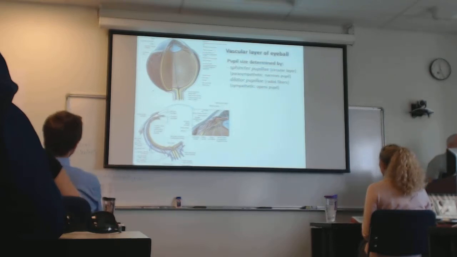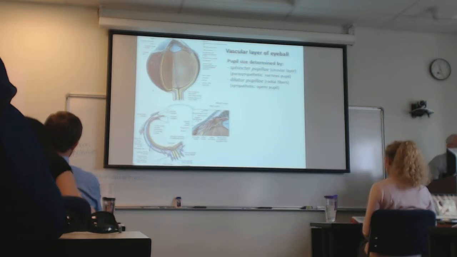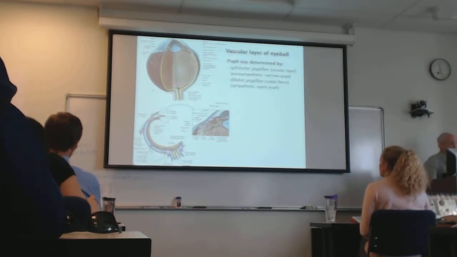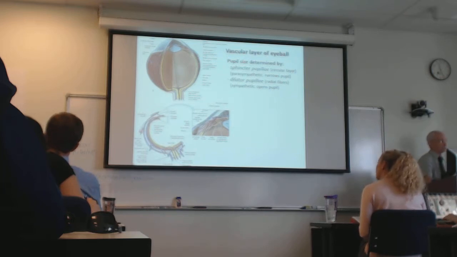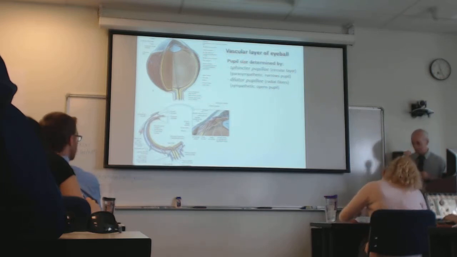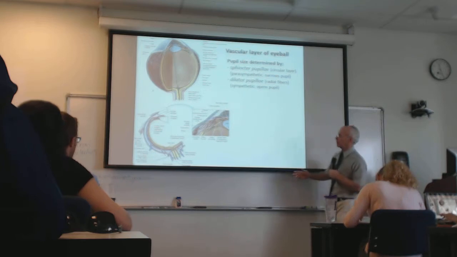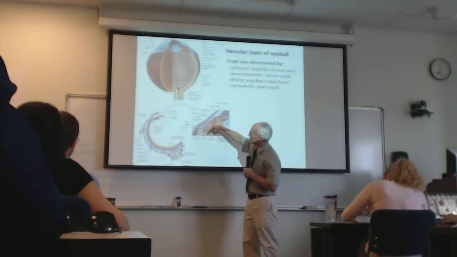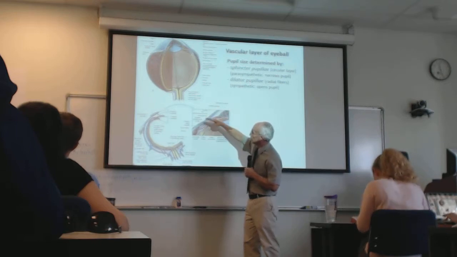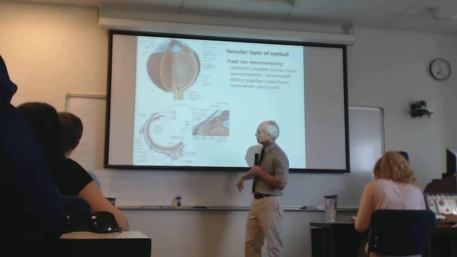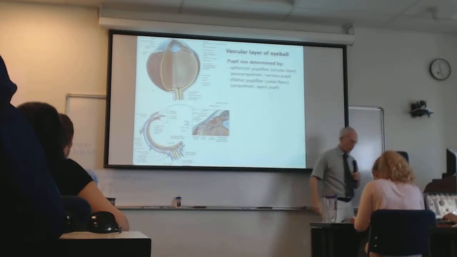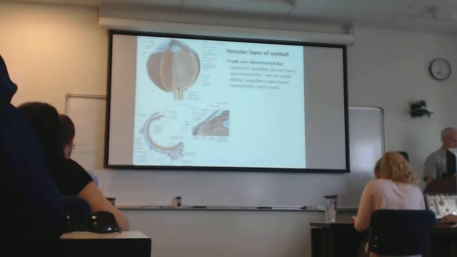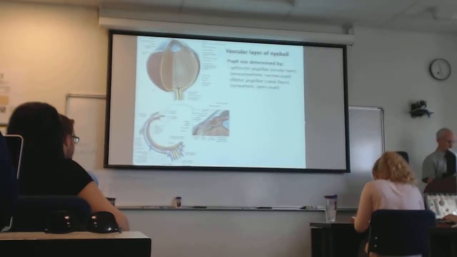For example, this blood vessel is called the vorticose vein. It conveys the venous blood from between the exterior eye and the choroidal layer. So what we're saying is that there's extensive vascularity in both of those layers, and that blood is communicated by a variety of vessels that cross between the intervening membranes.